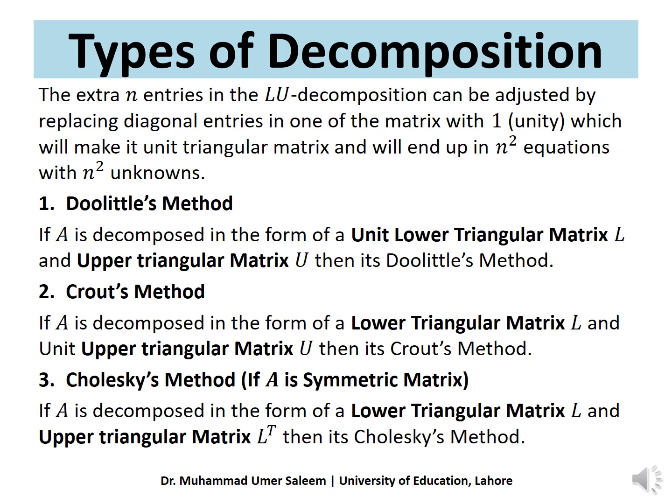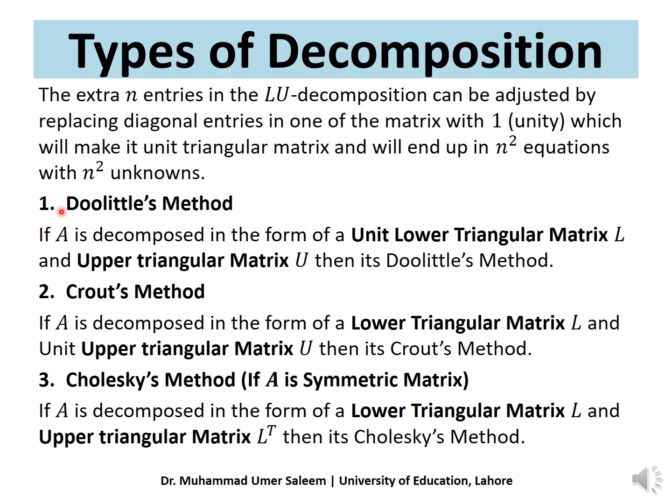So the extra n entries in the LU decomposition can be adjusted by replacing diagonal entries in one of the matrices with unity, which will make it a unit triangular matrix and will end up in n square equations with n square unknowns, so we can find the solution.